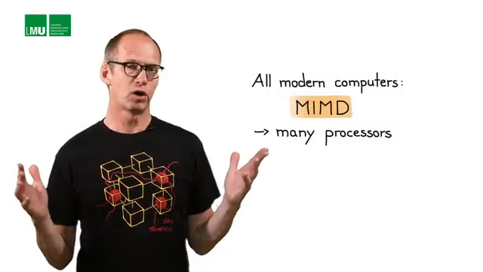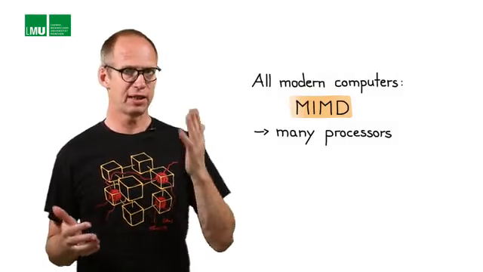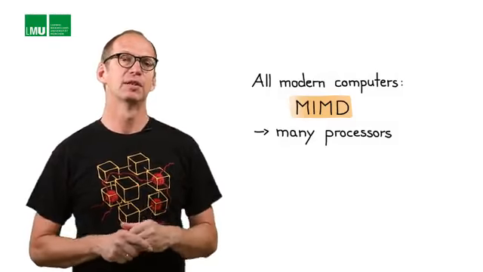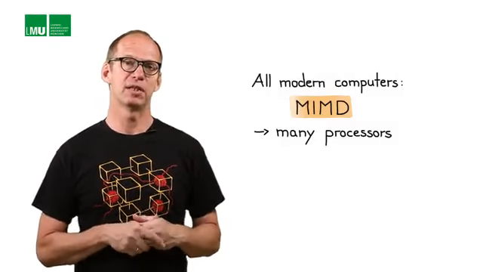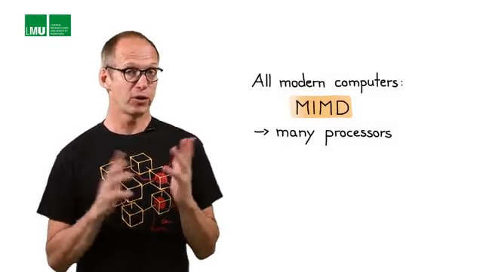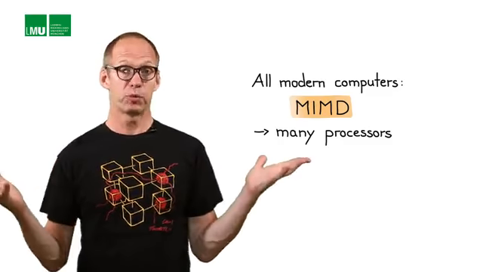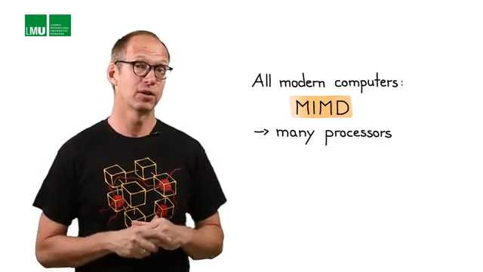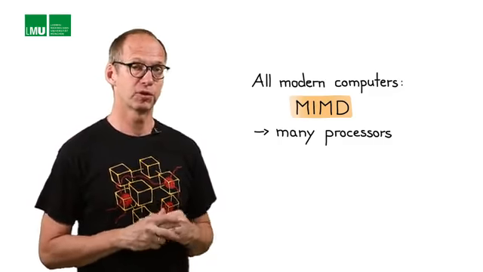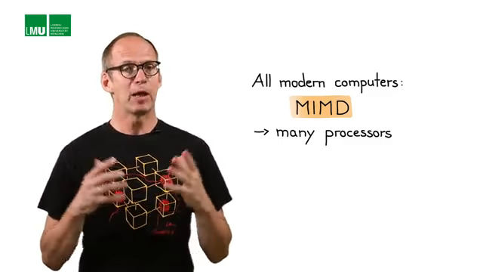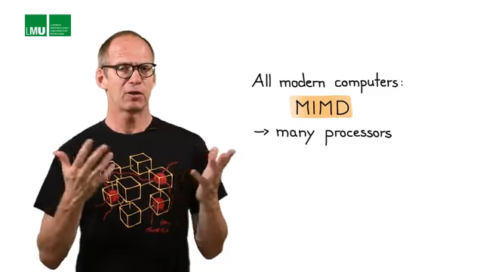As mentioned before, all modern computers, even your smartphone, your laptop, your desktop PC, are MIMD machines. They already have multiple processors, maybe not so many, but the large supercomputers now have hundreds of thousands of different processors.